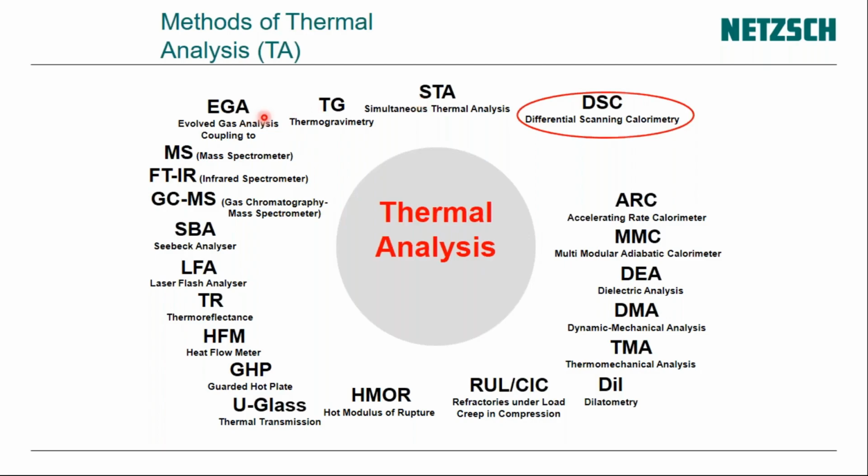We also have evolved gas analysis, which we call hyphenation, in which the TGA or the STA can be coupled with equipment like a mass spectrometer, an FTIR, or a GCMS. We call this technique evolved gas studies, in which the gases coming out of the TGA are taken through a transfer line to a mass spectrometer or a GCMS for further analysis.